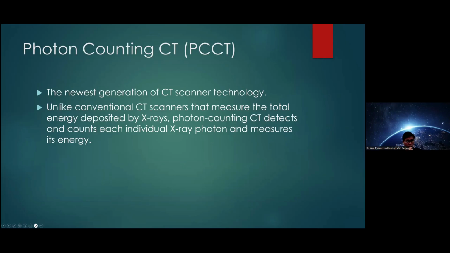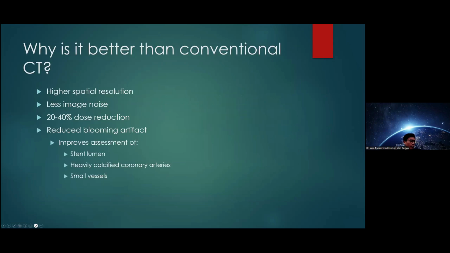Lastly, we come to photon counting CT, which is the newest generation of CT scanner. Unlike conventional CT scanners, which measure the total energy deposited by X-rays, it measures the individual X-ray photon and its energy. Basically, it's just like a 4K TV, and our conventional CT scan is just like a normal TV.